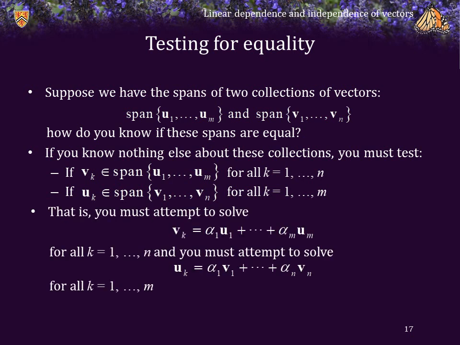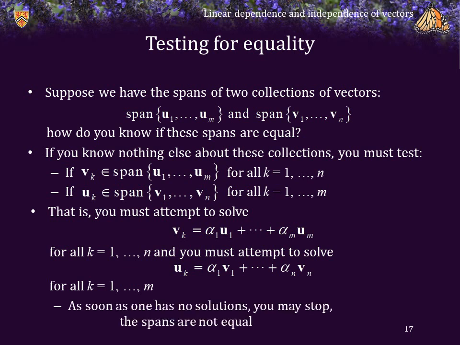That is, you essentially have to attempt to solve vk as a linear combination of the vectors u1 through um for each k going from 1 to n, and you must try to solve for uk equaling a linear combination of the vectors v1 through vn for all vectors k going from 1 to m.